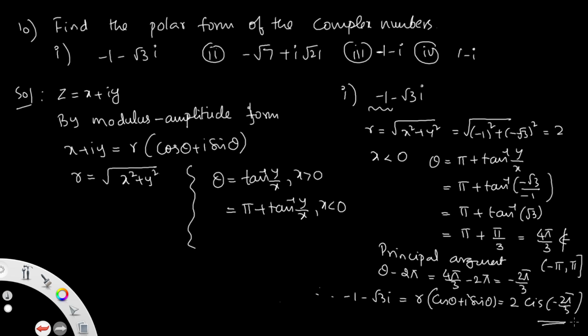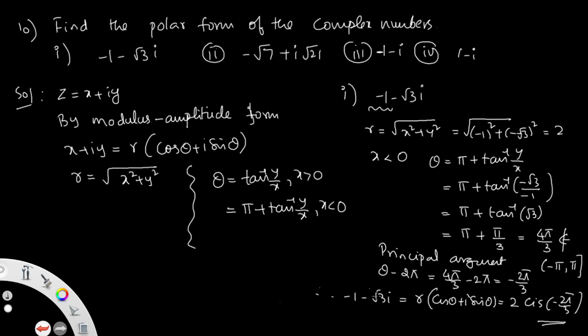To recap the basic formula: r equals root over x square plus y square, that is 2. If x is negative, theta equals pi plus tan inverse y by x, which simplifies to 4 pi by 3, and that is not in the range of minus pi to plus pi. So we change to the principal argument: 4 pi by 3 minus 2 pi is minus 2 pi by 3.